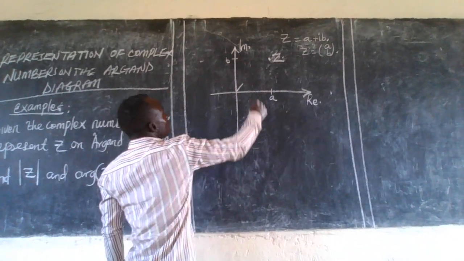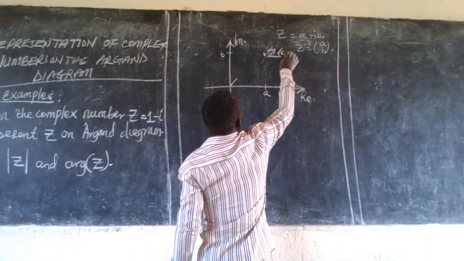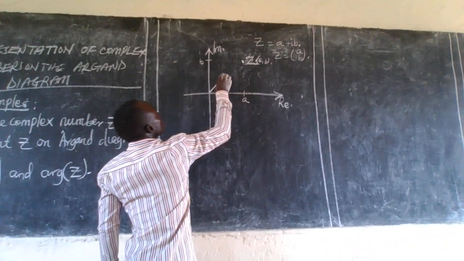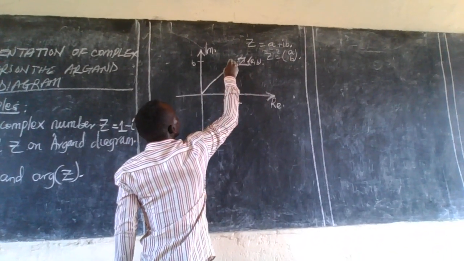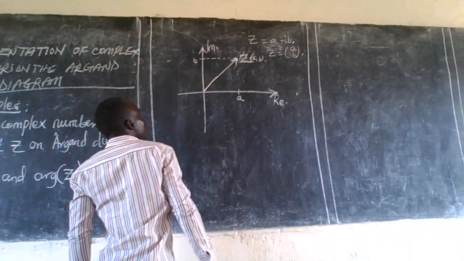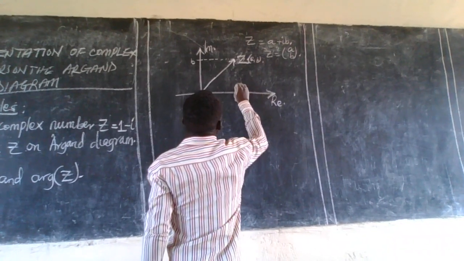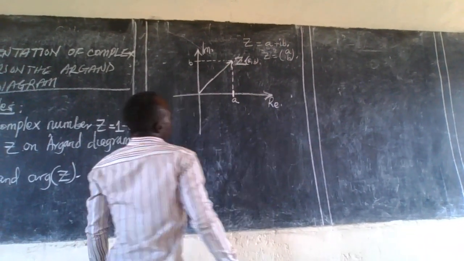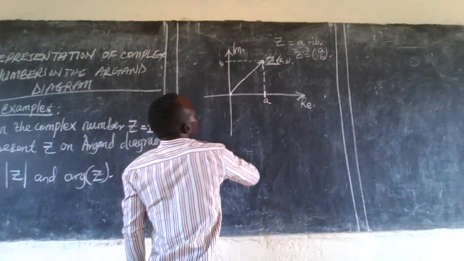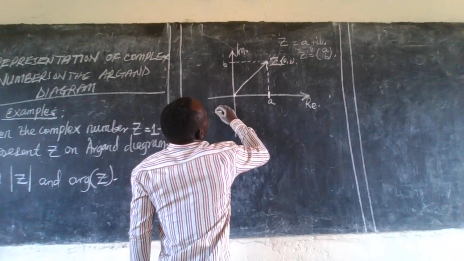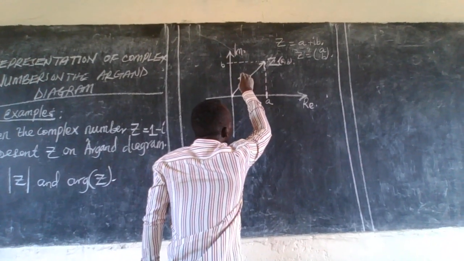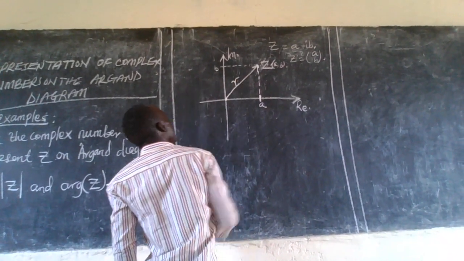If this is your z, where there is (a, b), you make a straight line that goes to that point. Then you make an arrow on top. You join using dotted lines from the imaginary axis and from the real axis. Then realize that the length of the straight line between the origin and the z you are plotting is called the modulus, and it's always represented by r.